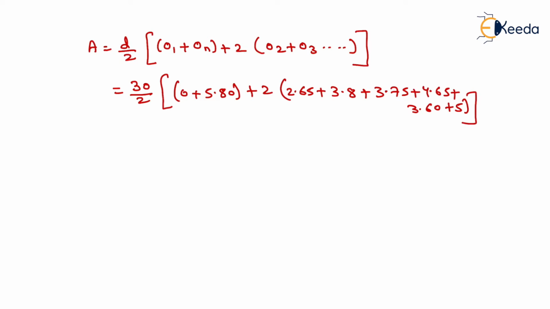On solving this, we will get the area as 790.5 meter square. That will be the area of that irregular boundary which we had computed according to the trapezoidal formula.